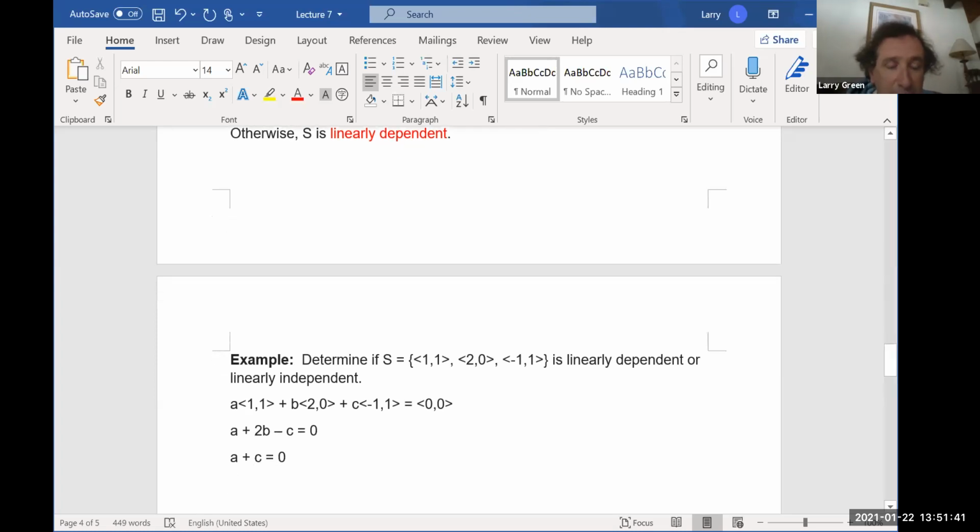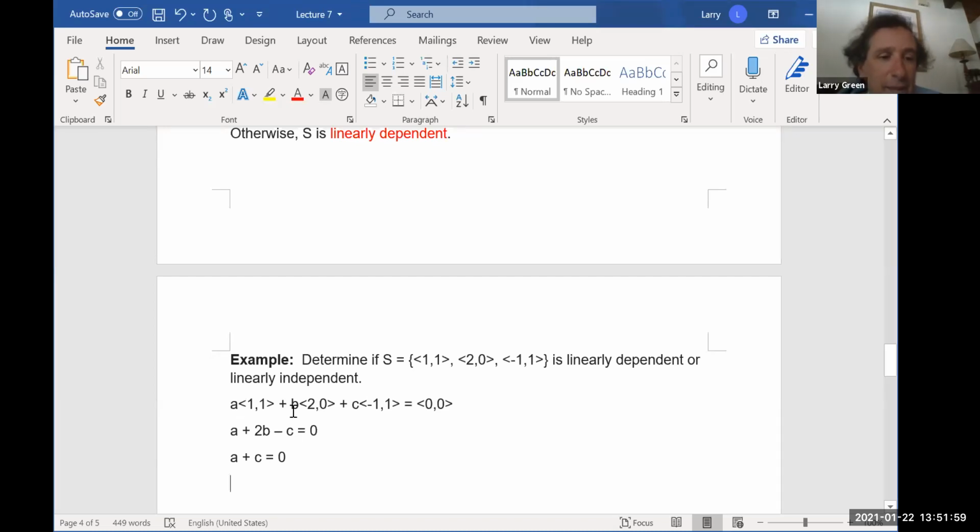Just looking at the components. And in fact, when you really do this, you don't do any of the intermediate steps. You'll be able to jump to the matrix, but let's see what happens.